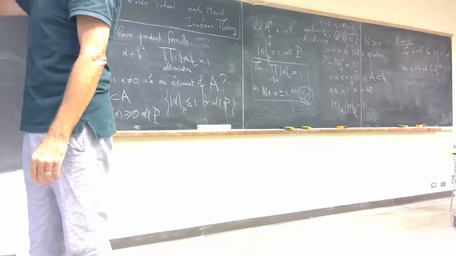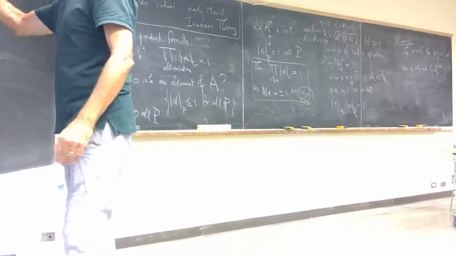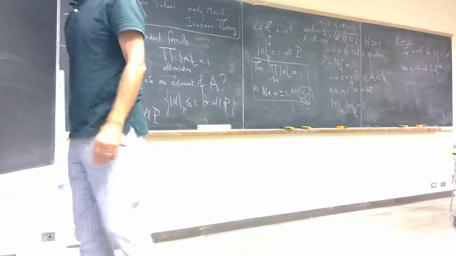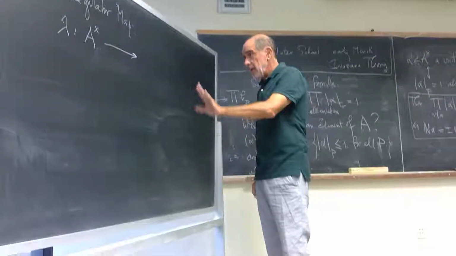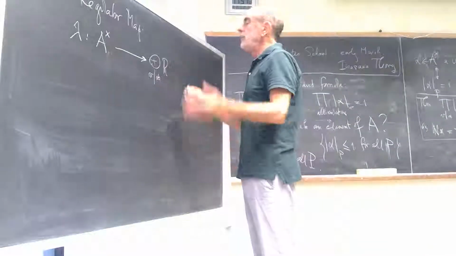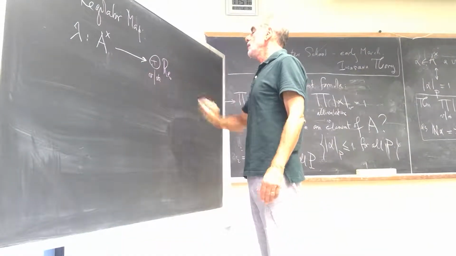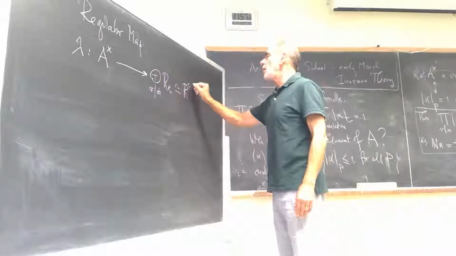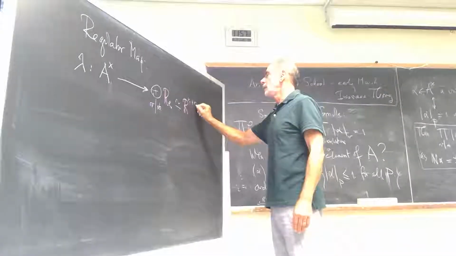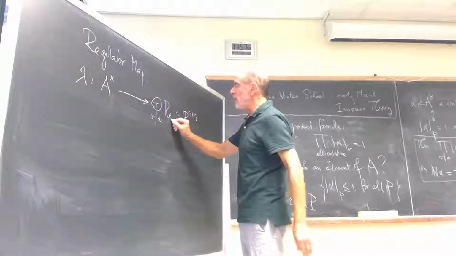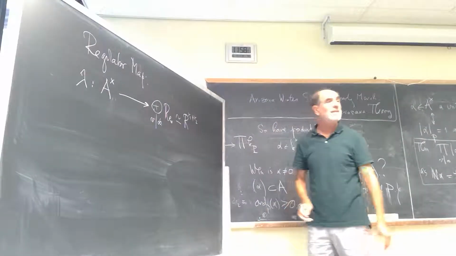Regulator map. So the regulator map is going to be a homomorphism from the unit group to a real vector space. And the real vector space is going to be canonically the sum over v dividing infinity of R times a basis vector e_v. Or as a real vector space, it's going to be R to the r1 plus r2. So it's the free R-module generated by the places dividing infinity.